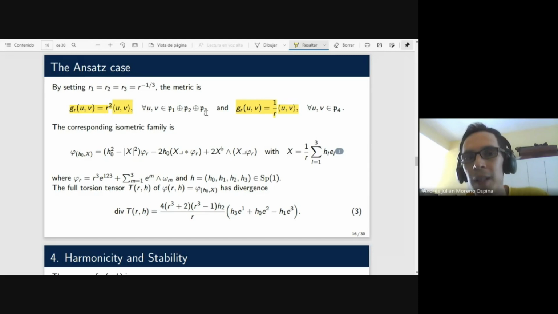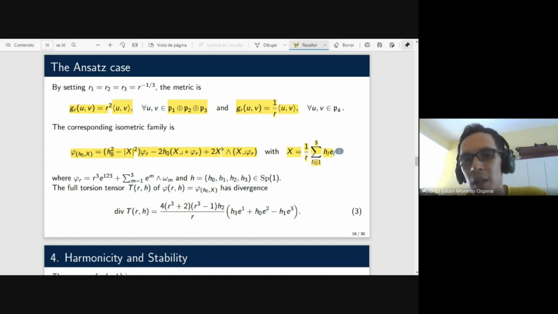For this inner product, you have an associated family of isometric G2 structures using Bryant's formula, where the function is h0, just one parameter, and the vector field is given by a vector x in this subspace of the isotropy representation.